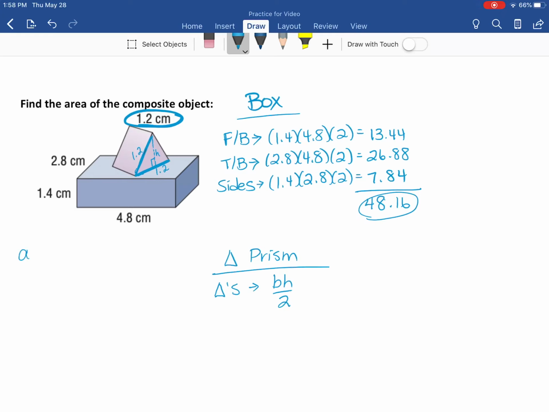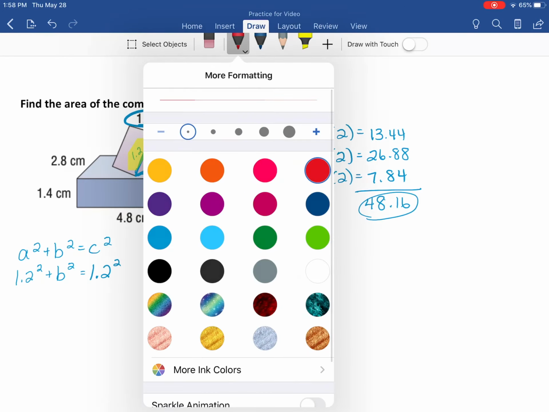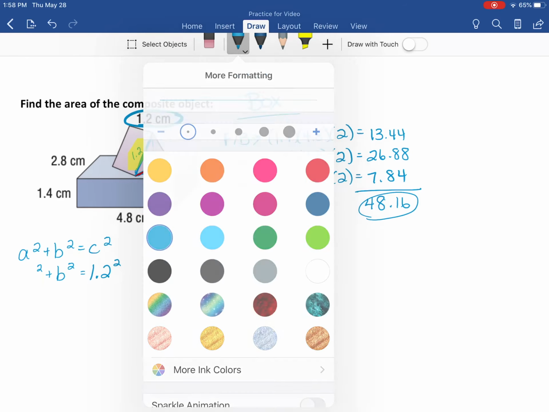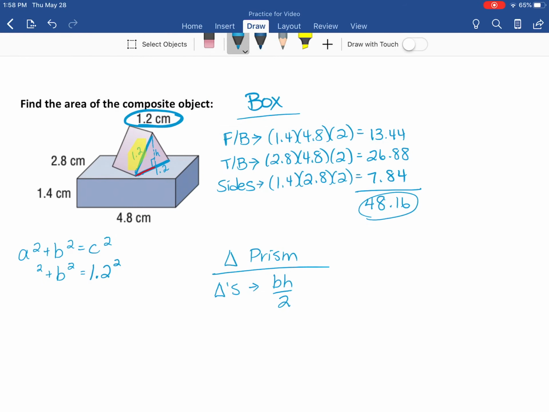So I have to do some legwork here to find the height of that triangle. So 1.2 squared plus b squared is going to be equal to, oh, sorry, my bad. The hypotenuse is 1.2, but this other side, I'm just going to change colors. This other side is only half of 1.2. So 1.2 divided by 2 is 0.6 squared.